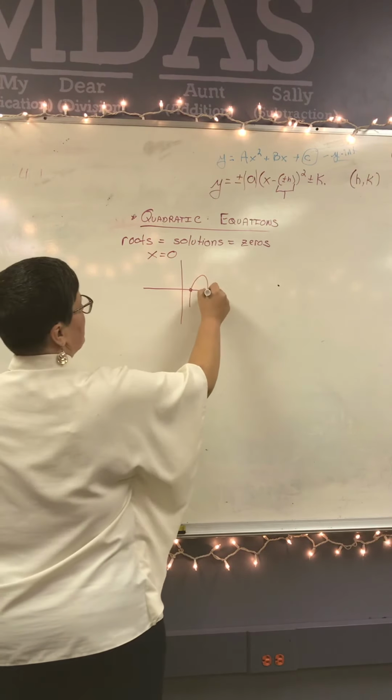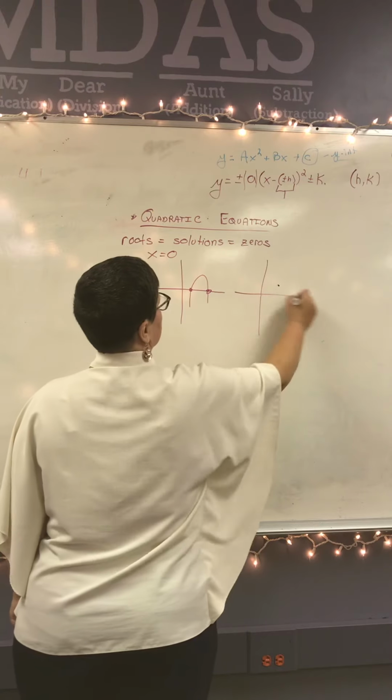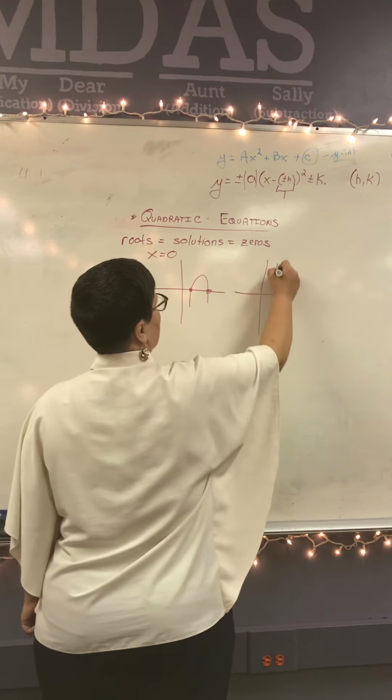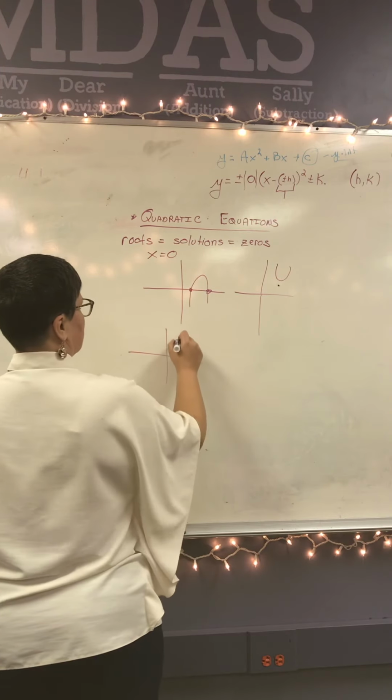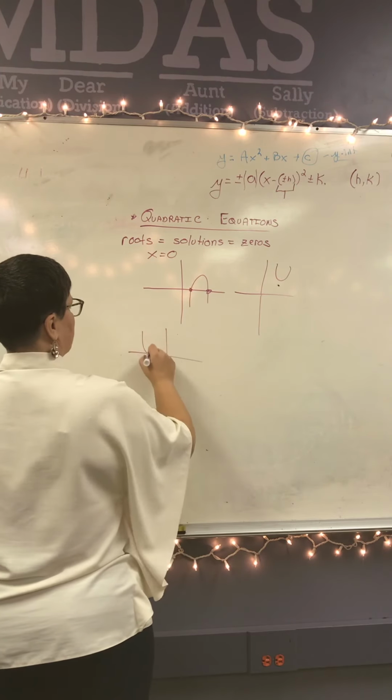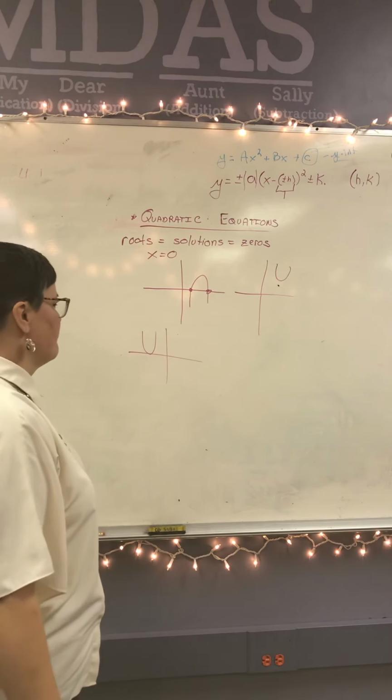Here we have 2, very straight lines. Here we have 0, and over here we have, let's say, in the second quadrant, we have 1.